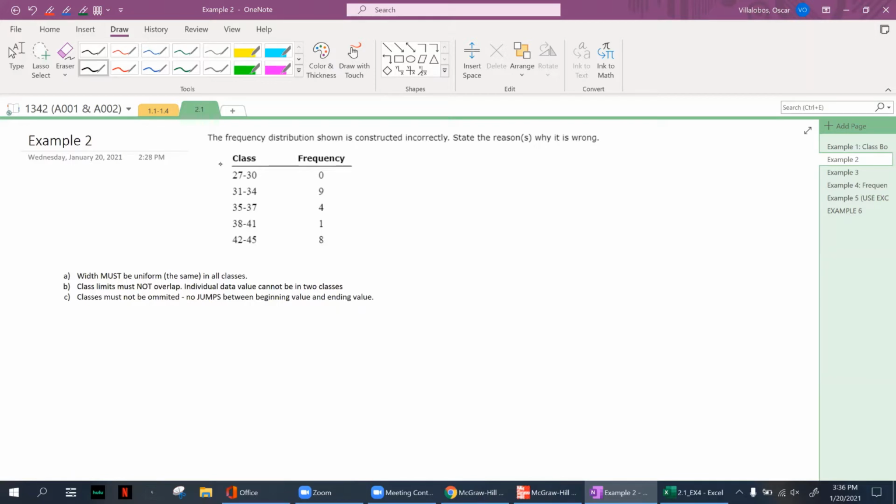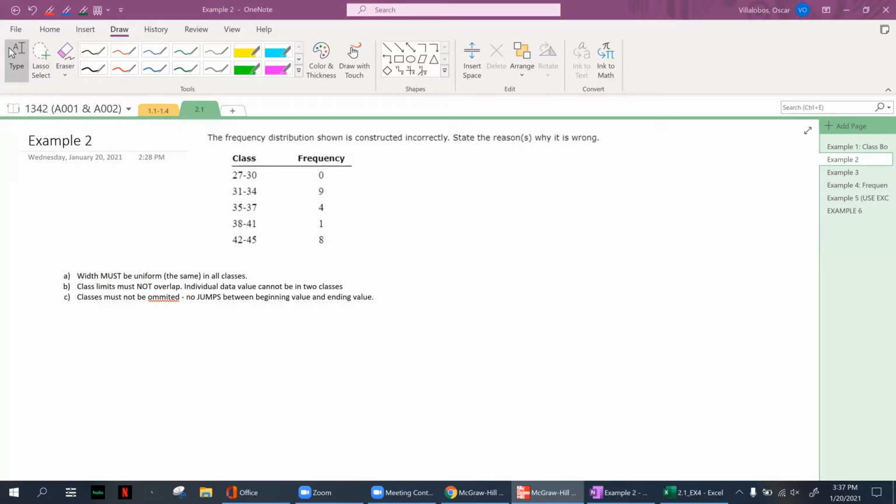One thing: A, the width must be uniform, the same in all classes. So in other words, for the first class, the width must be the same value. So how do you find the width?